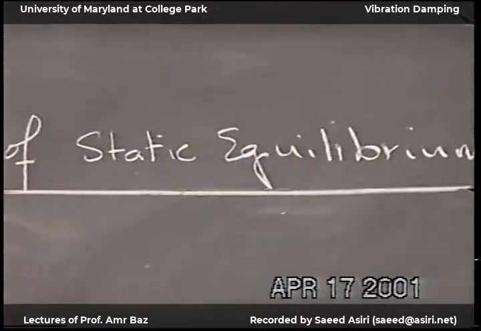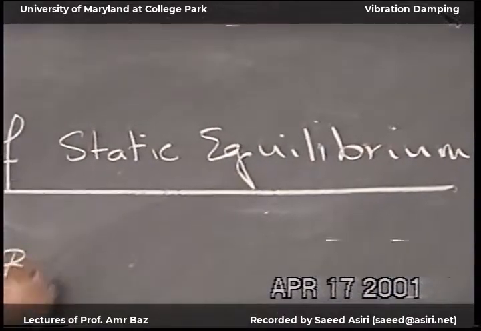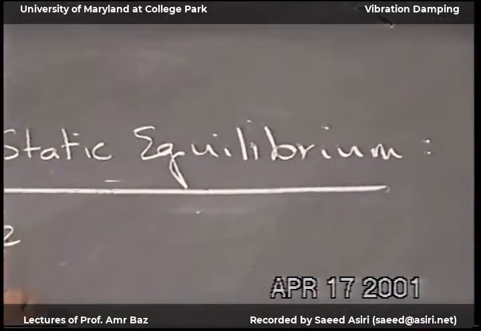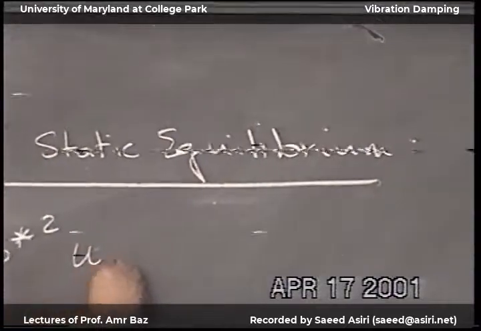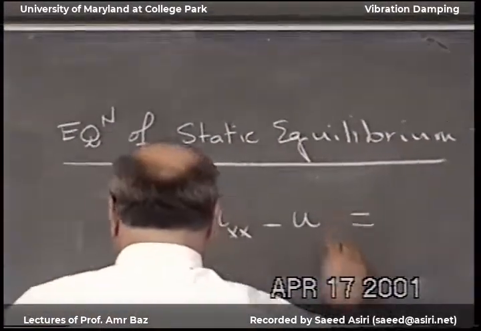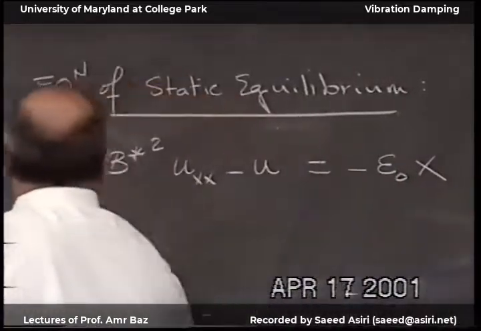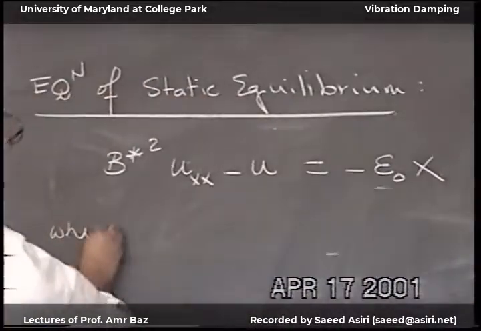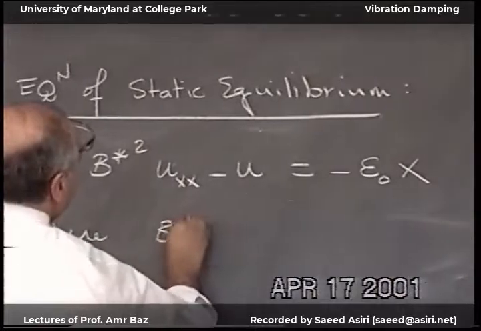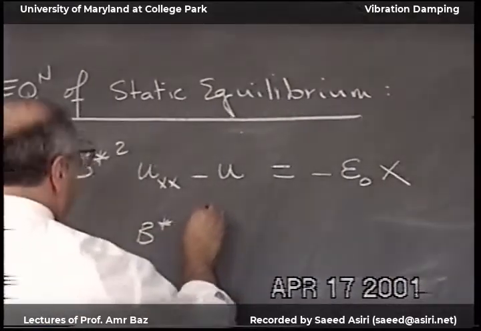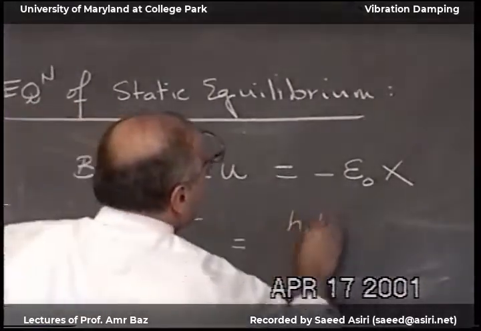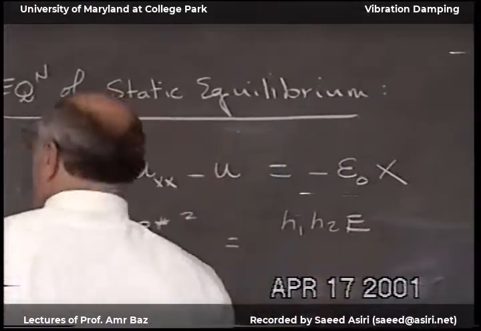For this, we found that we have B asterisk squared u_xx minus u is equal to minus epsilon 0 x, where the B asterisk squared is h1, h2, E2.